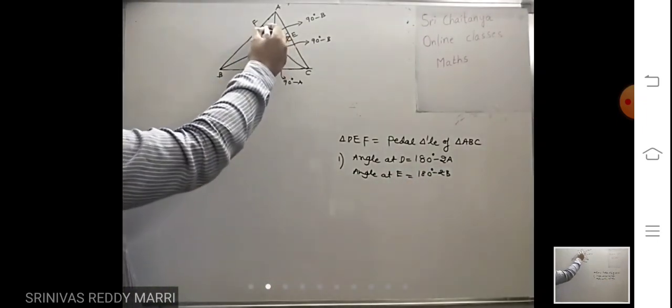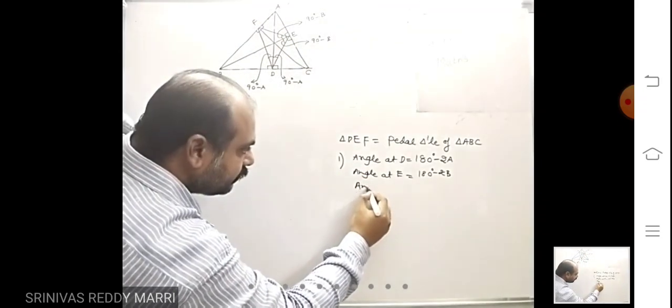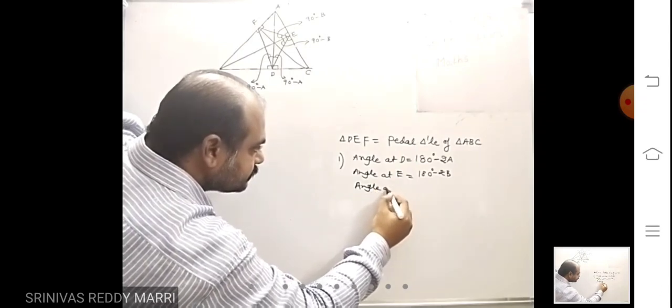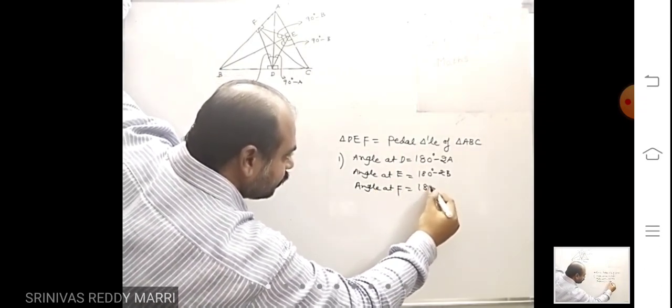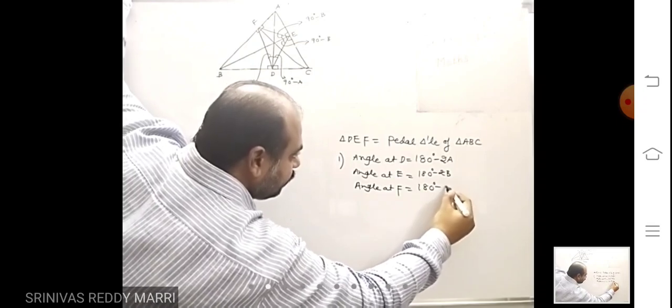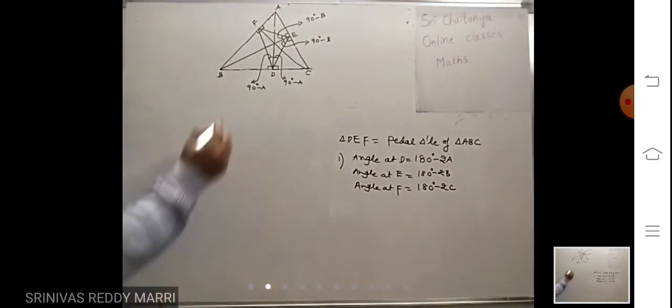Look at this angle, angle at F. Triangle angles. Angle at F is 180 degree minus 2C.